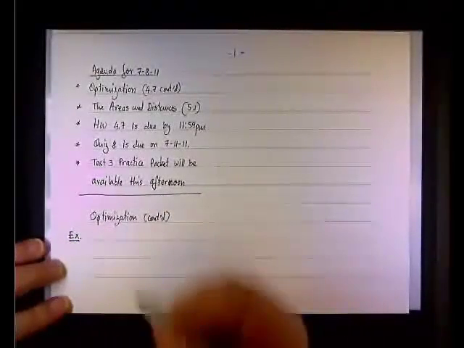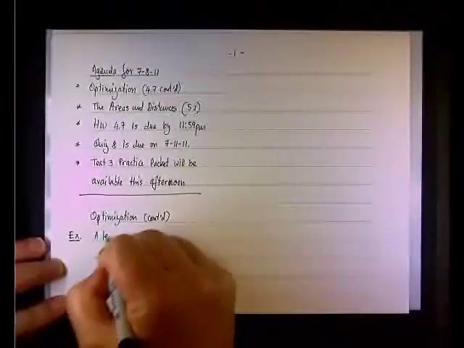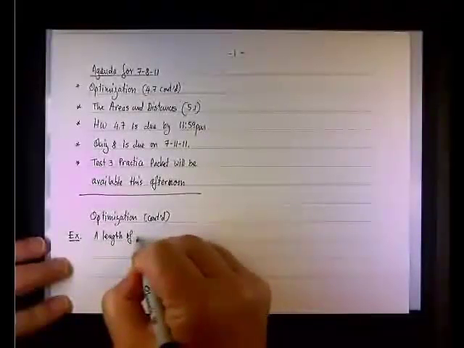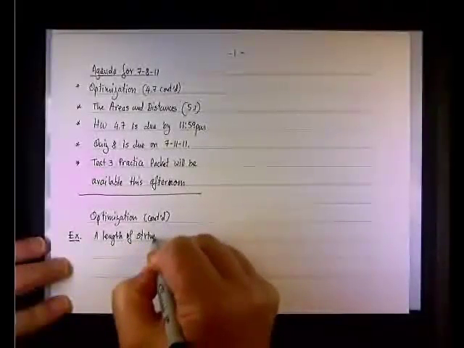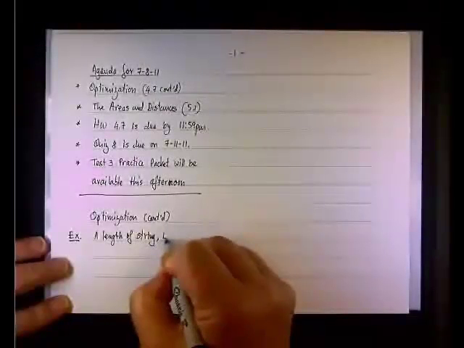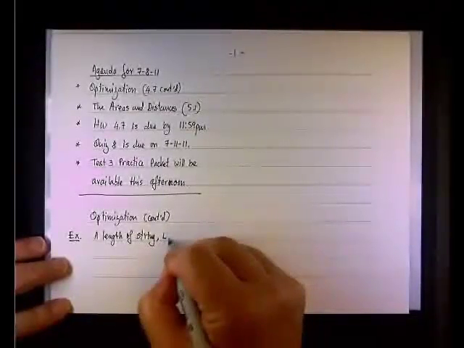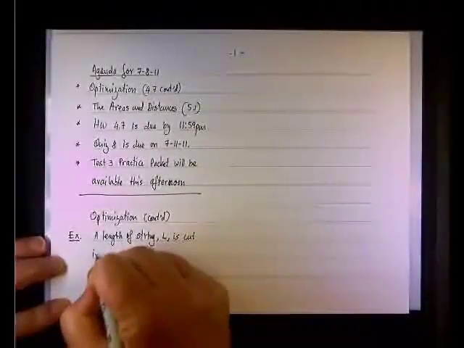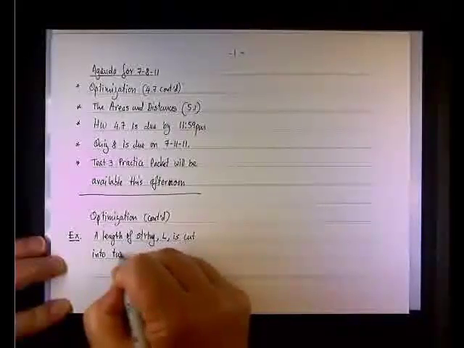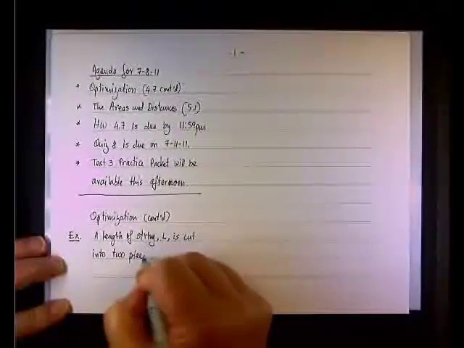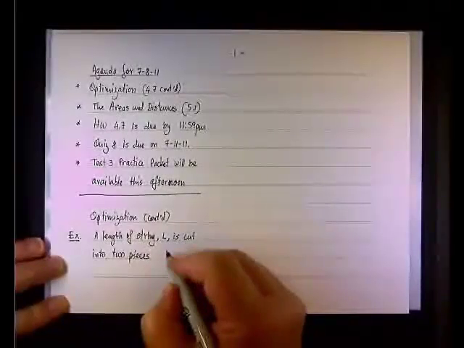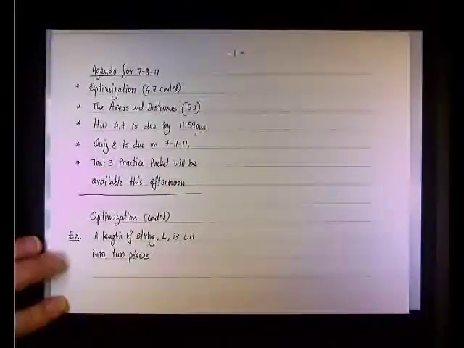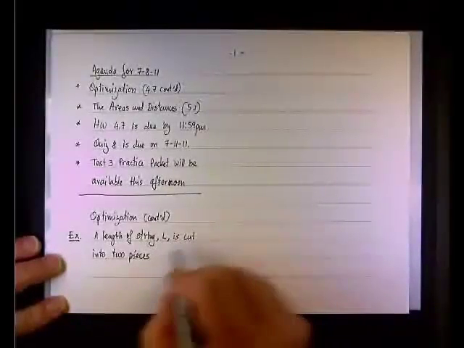Let's say that you have a length of string, and let's say this length of string is measured by L, and we need to cut it into two pieces that are used to make a circle and a square.